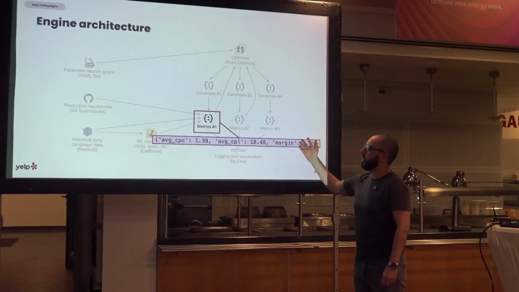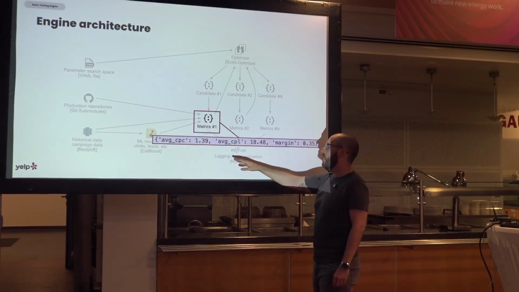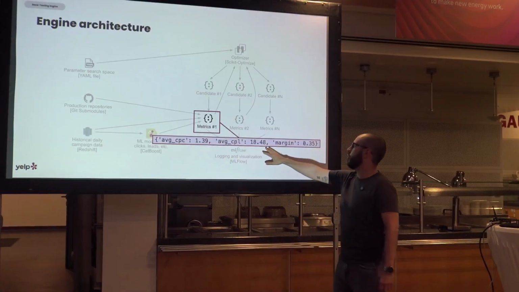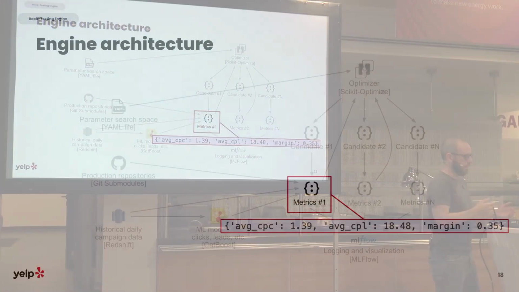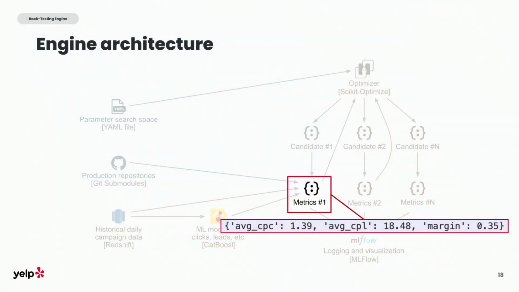We have many metrics, but some of them are average cost per click, average cost per lead, and our margin, which is the difference between the revenue that we get from the advertiser and our cost. In this case, as I said, we want to minimize average cost per lead, but typically the actual target is a bit more complicated than that. And then we have other metrics that we track.